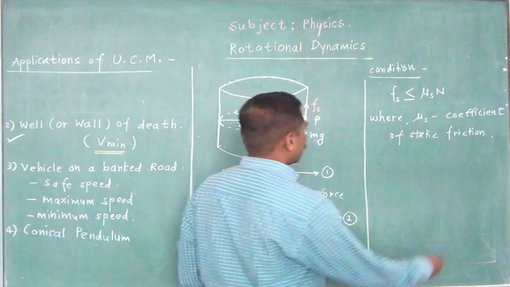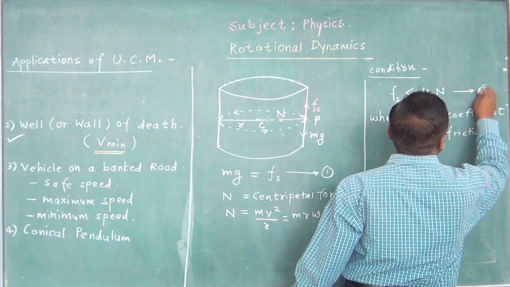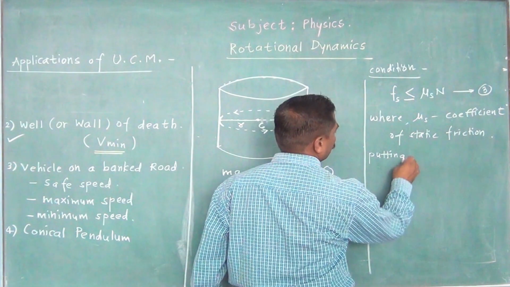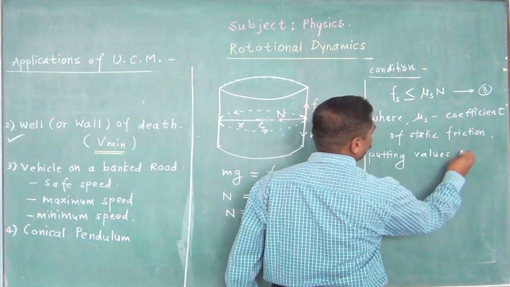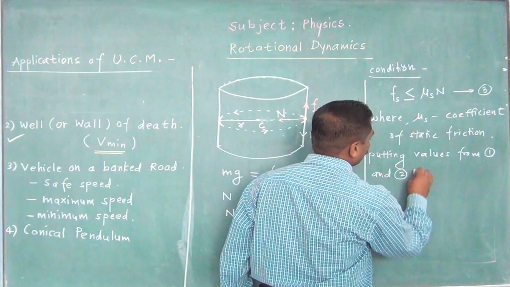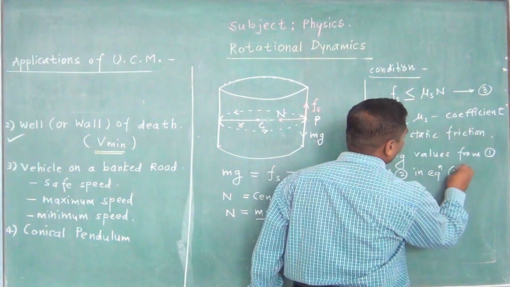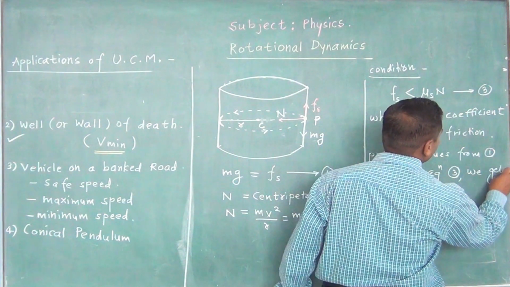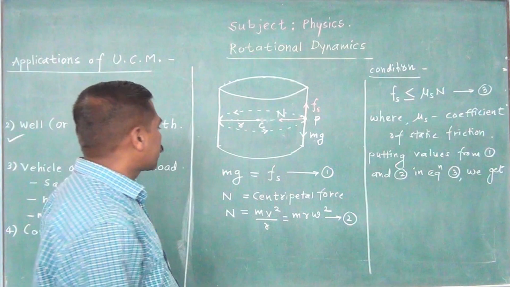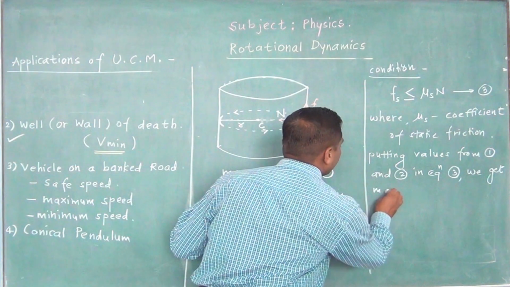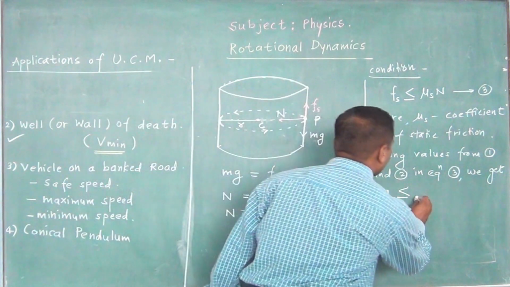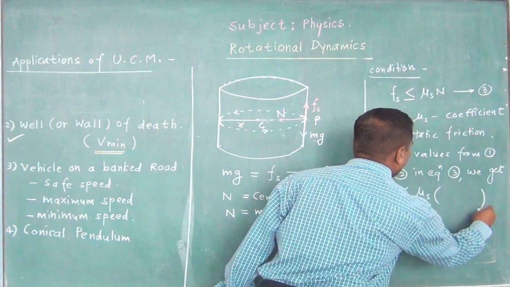So let it be equation 3. Putting values from equations 1 and 2 in equation 3, what will be the next step? We get mg less than or equal to mu s into N.